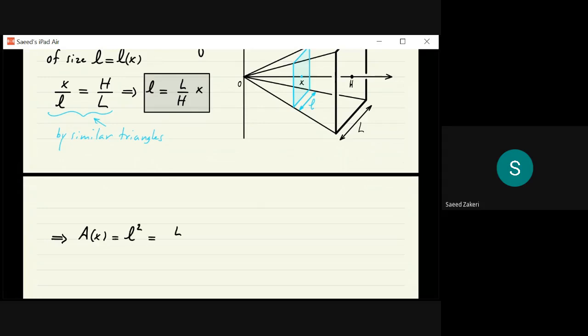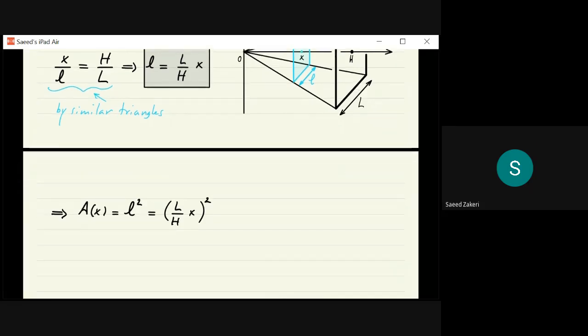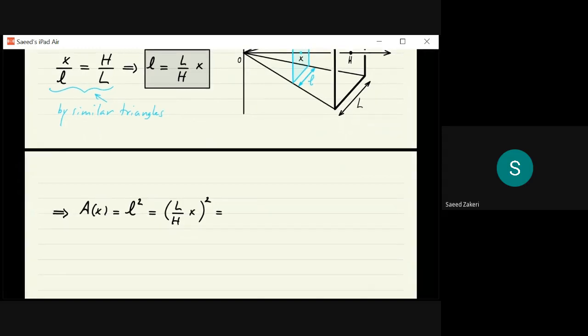And that's this squared, because it's a square of side little l. So its area is little l squared. And this is L squared over H squared times x squared. You should think of this ratio as a fixed number. The only thing changing here is x.